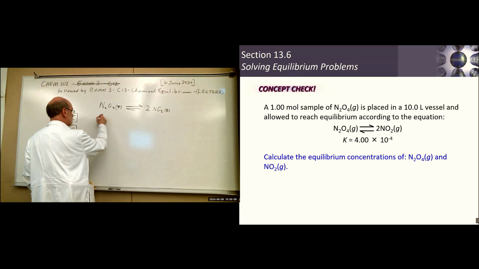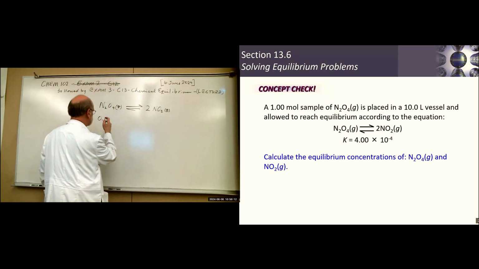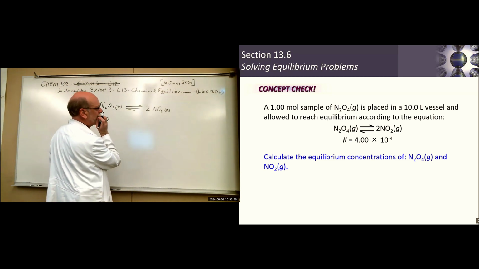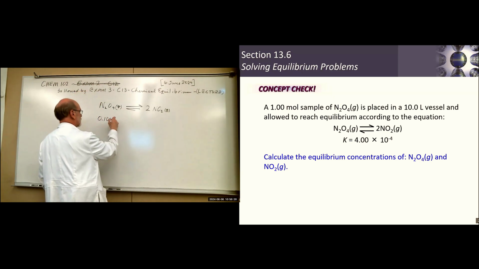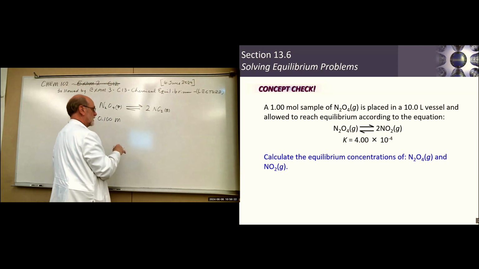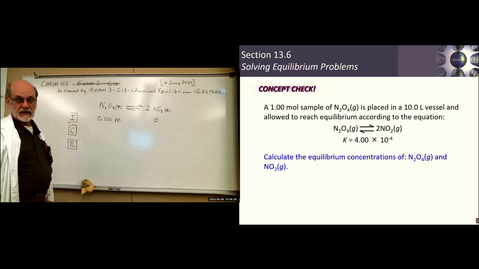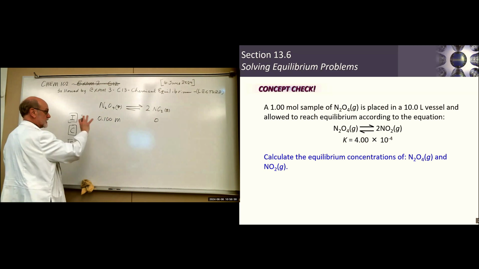So initially we have 0.100, 3 significant figures. That's what we're starting with, and this is 0. We want to know the equilibrium concentrations of each one.